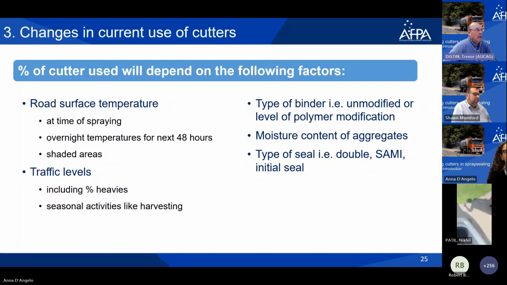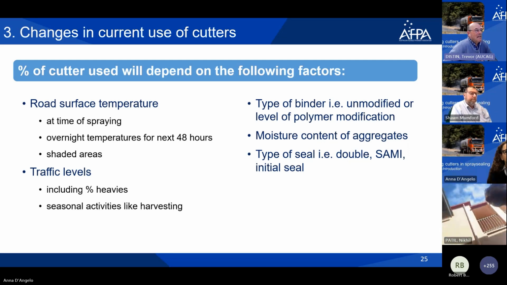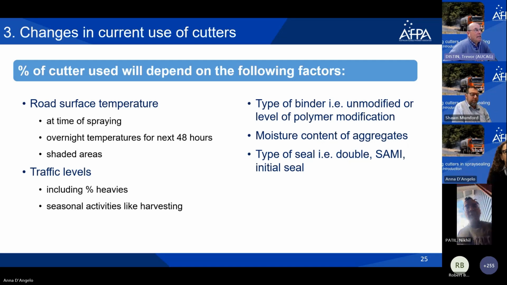So there are a number of factors that influence the decision around the percentage of cutter you're going to add into your binder in the construction of a seal. They primarily will be determined by the road surface temperature at the time of spraying. And we must bear in mind that your road pavement temperature will vary during the day.